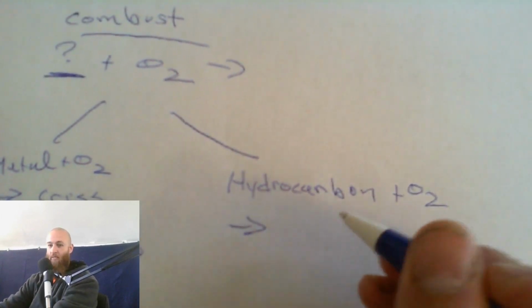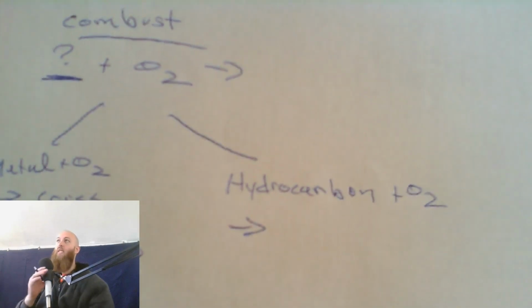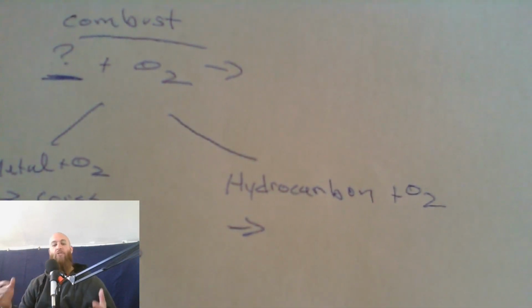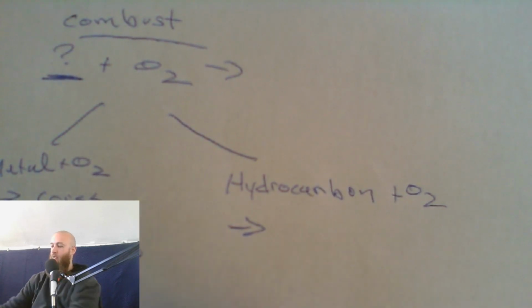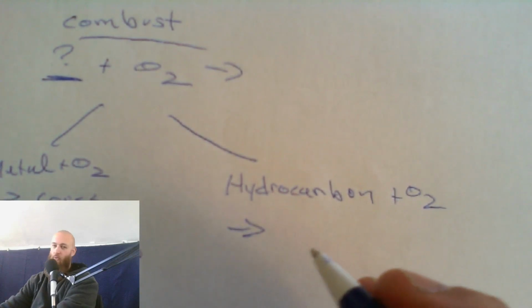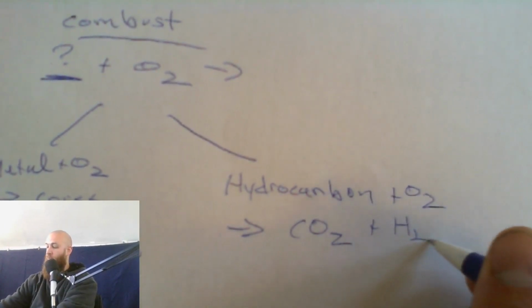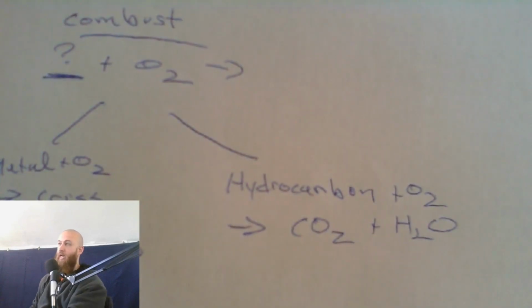What you get every time, there's no guess here, you do not have to figure out what the products are. This is more of a rule. If you have a hydrocarbon, you always get the same 2 products, CO2 and H2O.